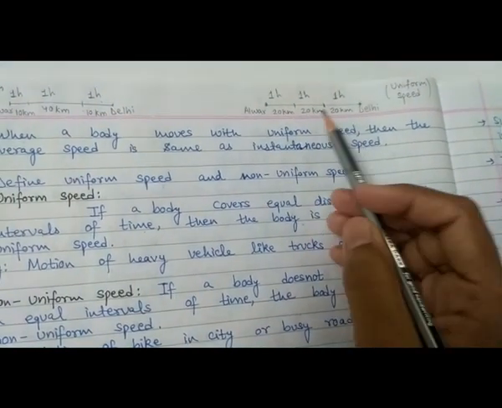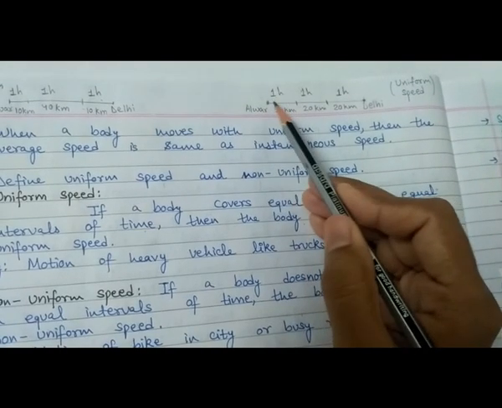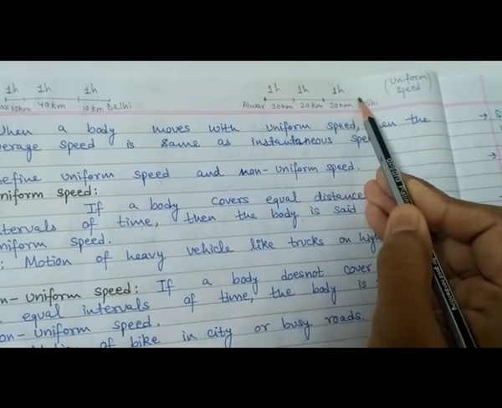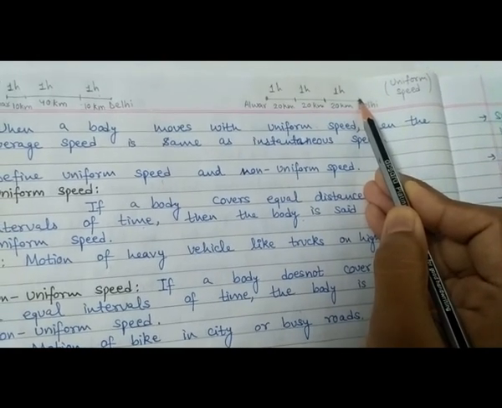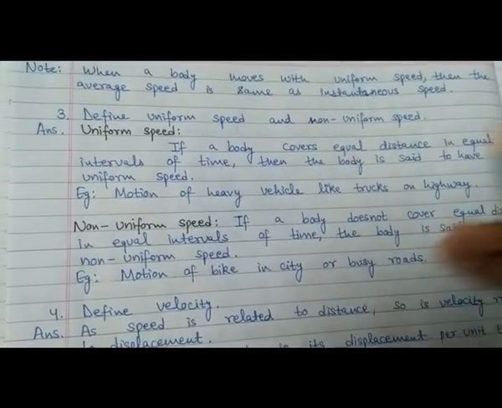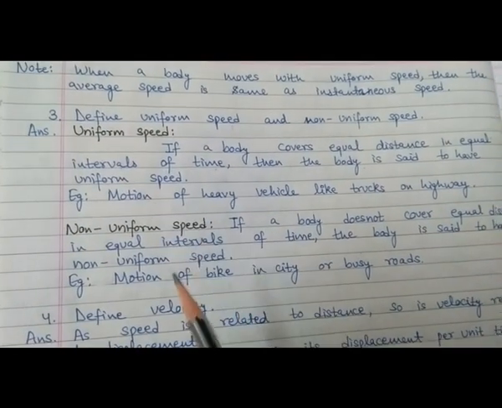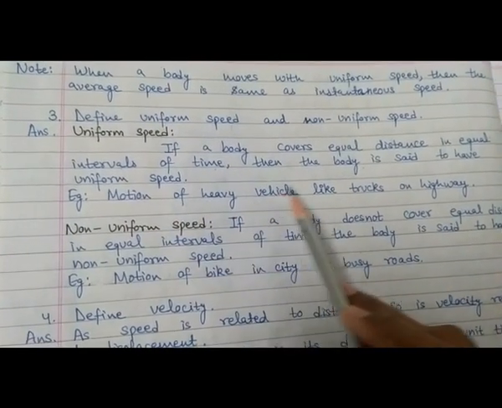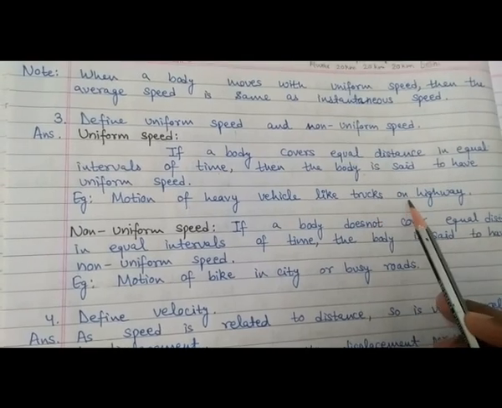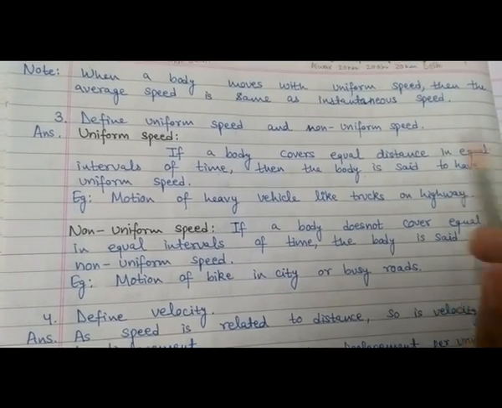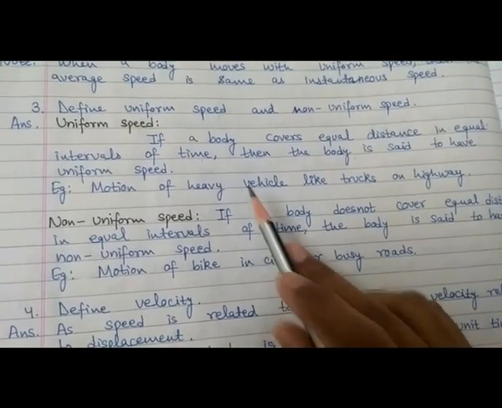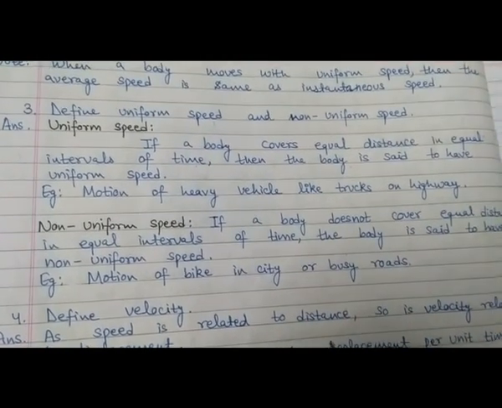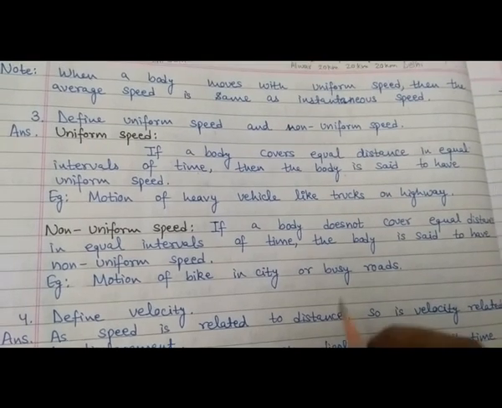That means the vehicle is moving uniformly. The vehicle is moving at uniform speed. Example of the uniform speed: motion of heavy vehicles like trucks on highways. On highways, heavy vehicles don't change their speed.